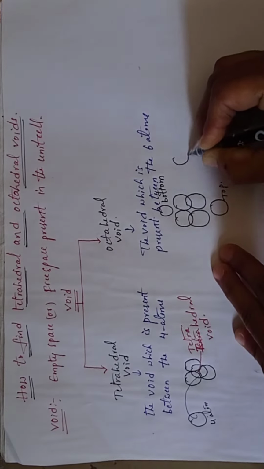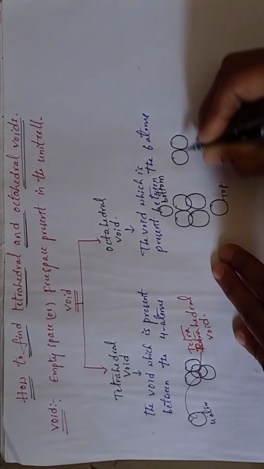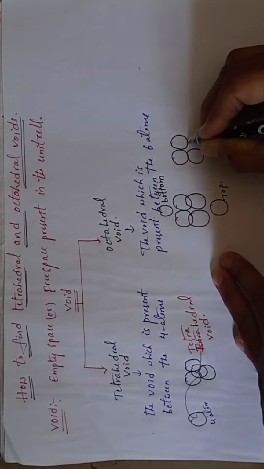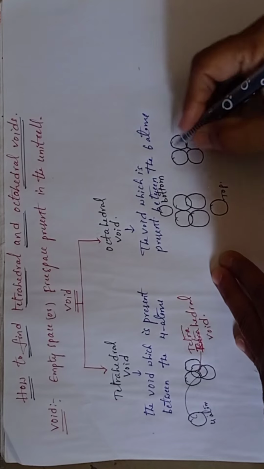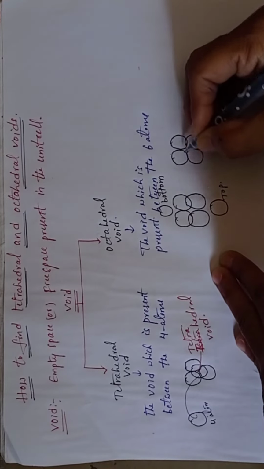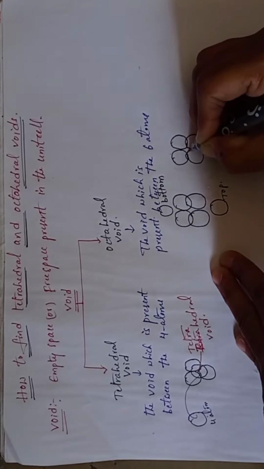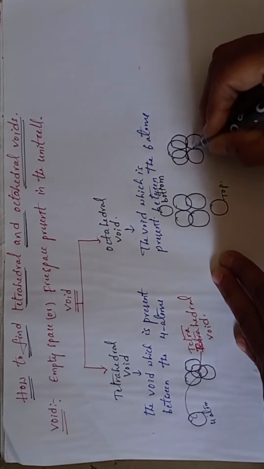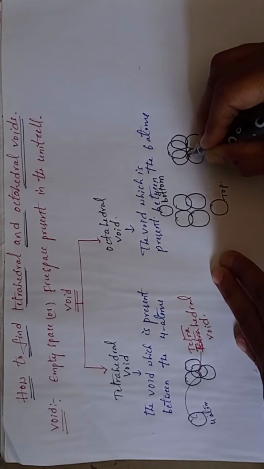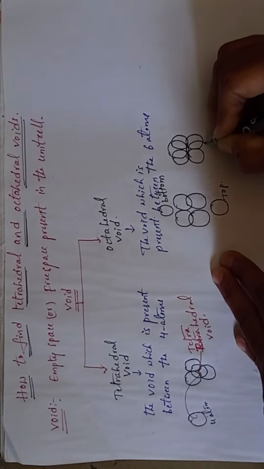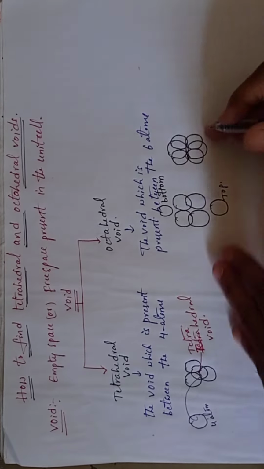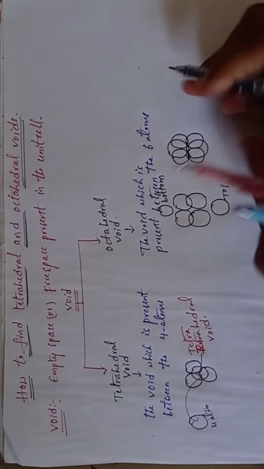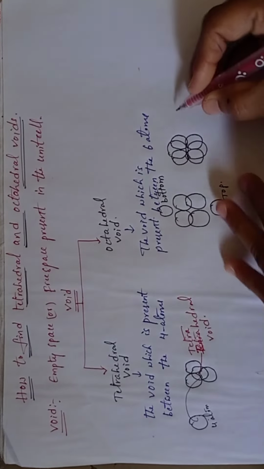See once again, these four spheres are in the same plane, in touch with one another, and this one is the fifth sphere. Now see students, I will give you the clarity once again.